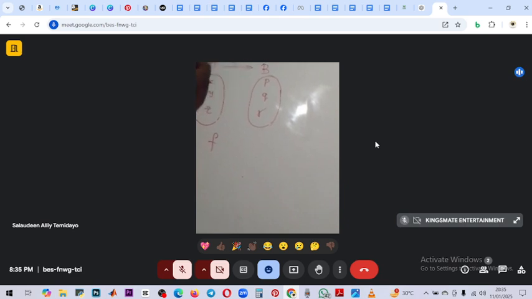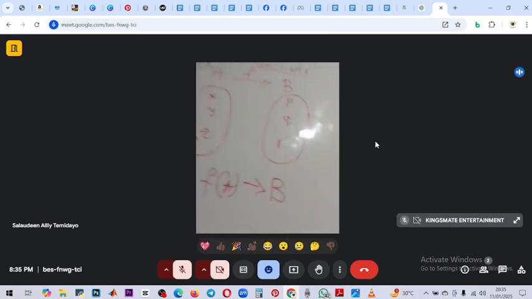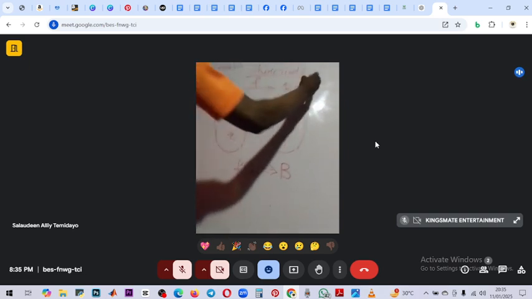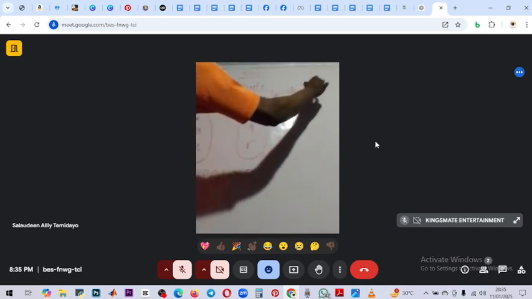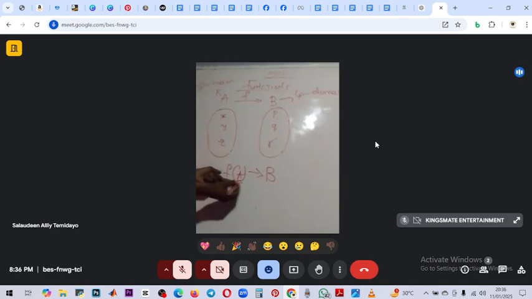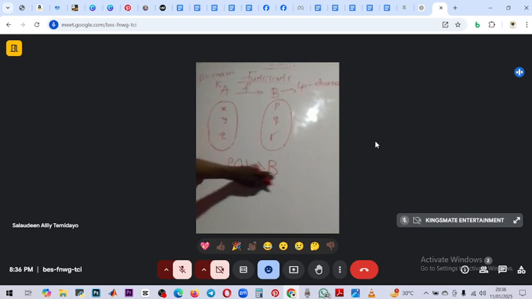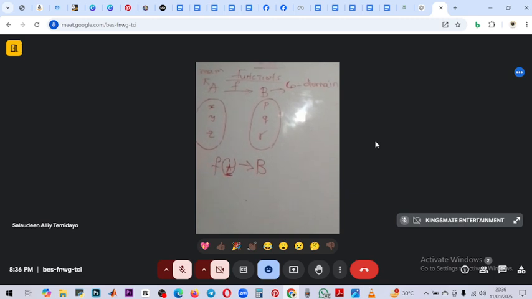So the function is f of A, which gives B. The set A will be known as the domain, while the set B will be known as the co-domain. A is the domain. F of A, which is the same as B, is known as the co-domain.